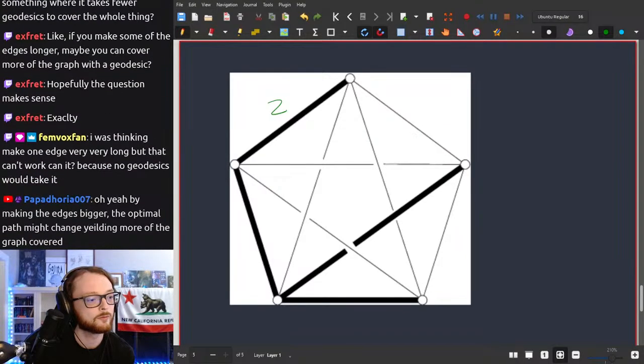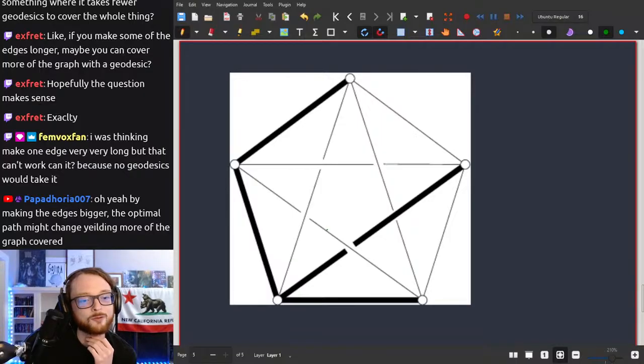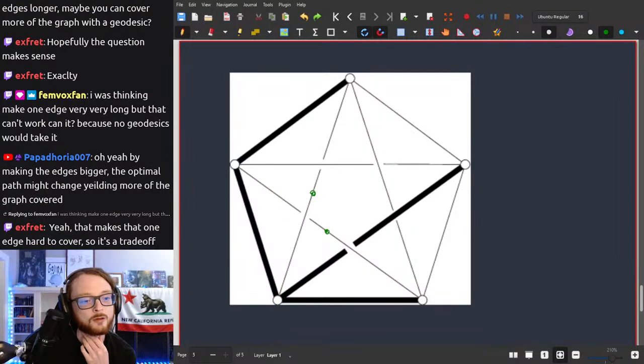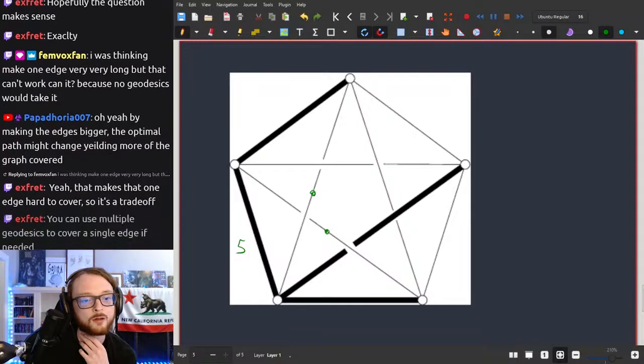Okay, so can I just pick the optimal half my change yields? Yeah. So if I go back to choosing this point and this point, I would travel along this edge, but if this edge suddenly costs 5, then it will be better to take the other.